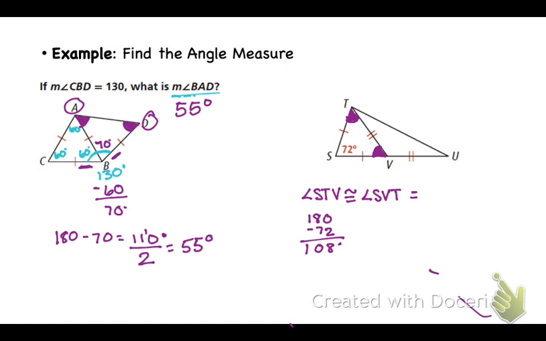108. Okay. So that means that both these angles add up together to be 108, but they have to be congruent. So I divide it by what? 2. So 54. Okay. So we know they're 54. So I'm going to erase some stuff, and I'm going to write 54 in there. So I know this is 54, yes? And I know this is 54, and not 45.